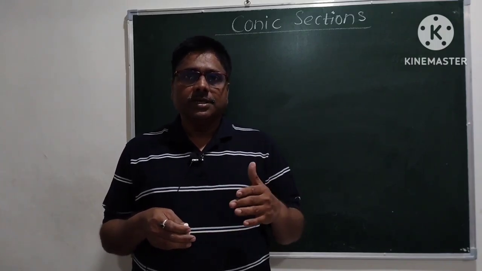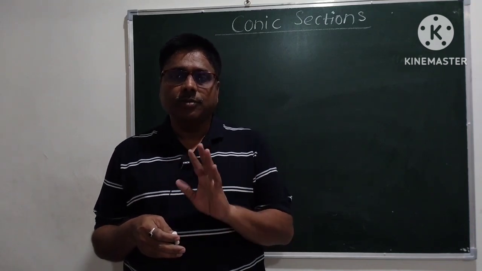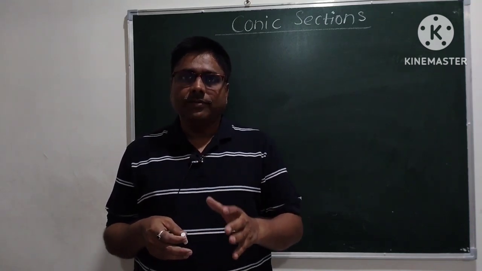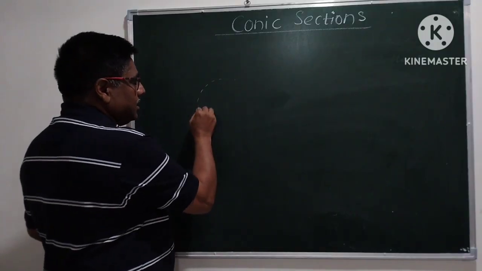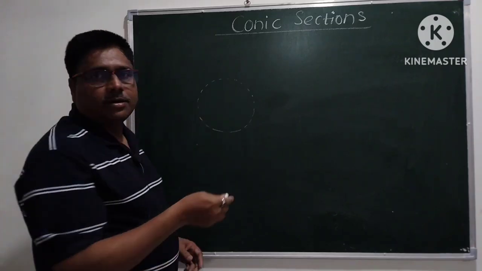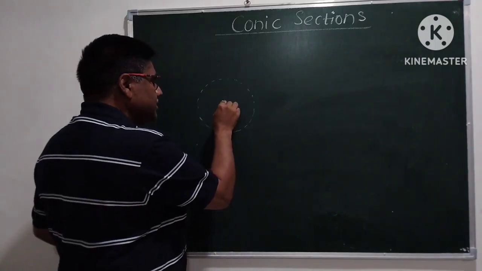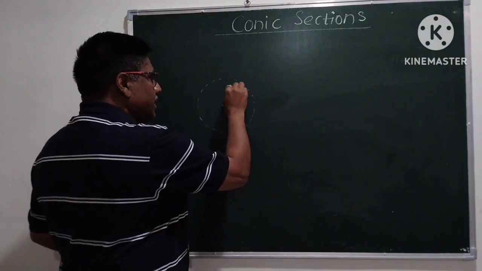Before going to discuss these conic sections, that is parabola, ellipse, and hyperbola, we will discuss the circle first. We know what a circle is. It is a set, or locus, of infinite points which are at a fixed distance from a fixed point.